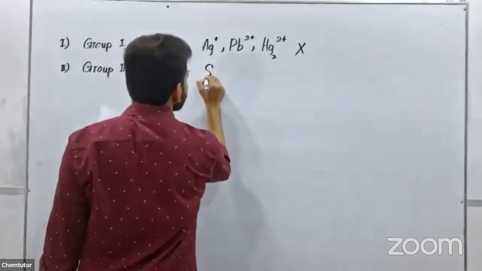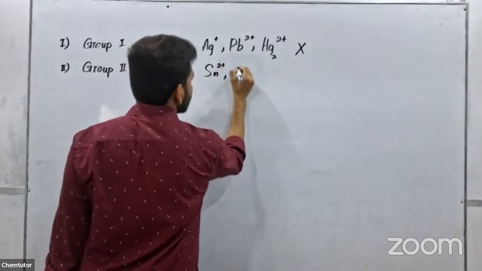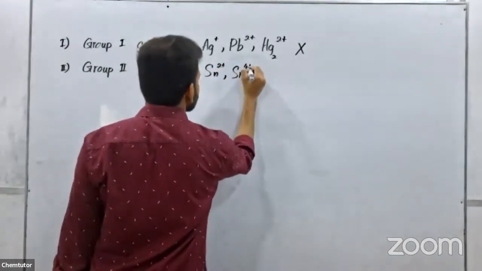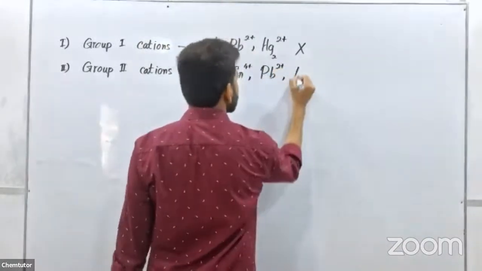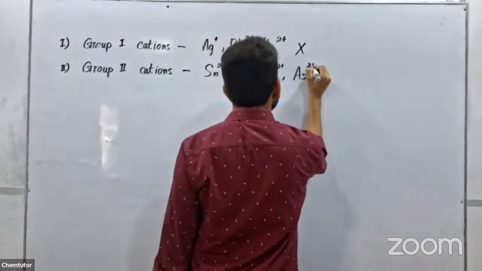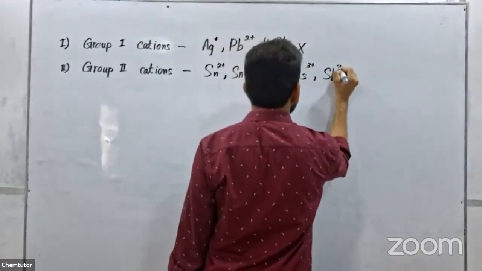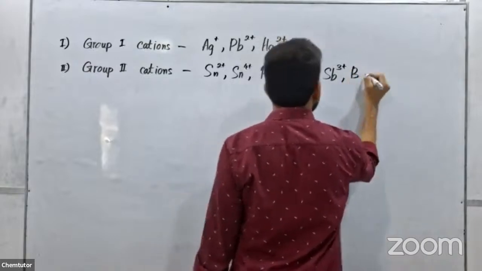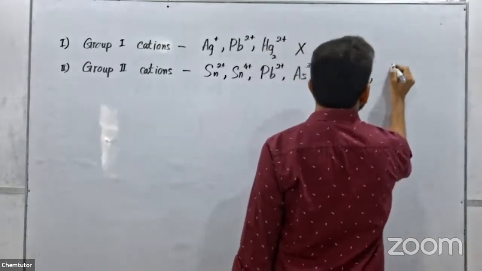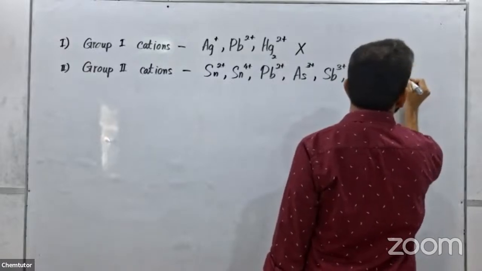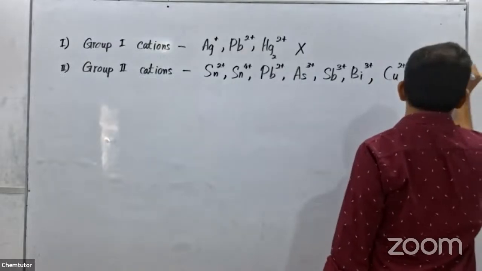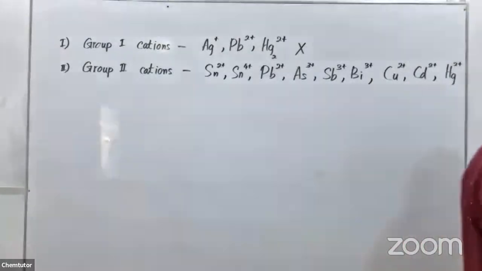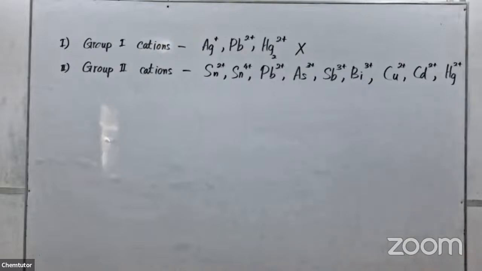These are the group 2 cations: stannous, stannic, lead, arsenic, antimony, bismuth, copper, cadmium, and mercury. Okay, those cations are not present.